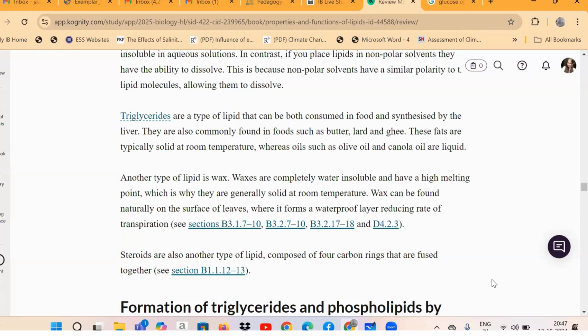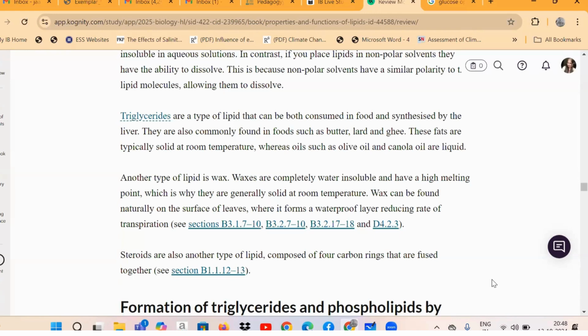So what is the purpose of that wax? For plants, I'm not too sure, but doesn't it prevent transpiration? And it makes sure that water just doesn't leave the plant. Yes, that is evaporation or transpiration. So it is like a protective layer that prevents loss of water from the plants.